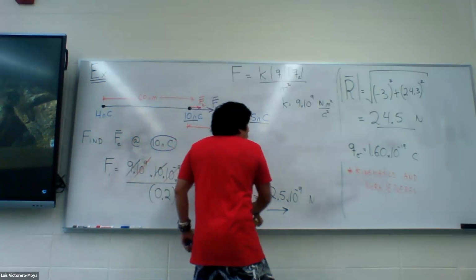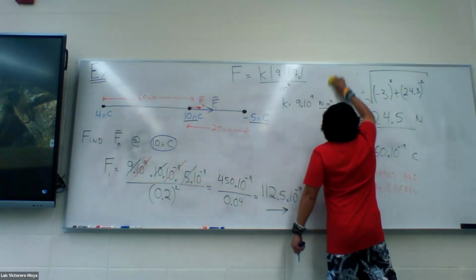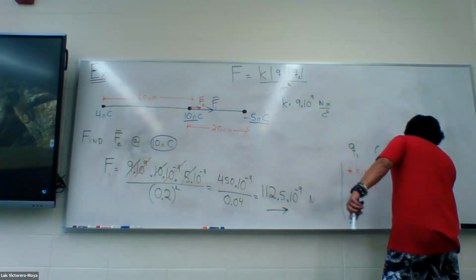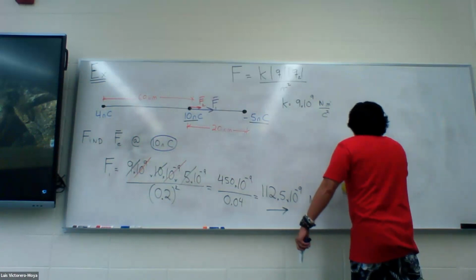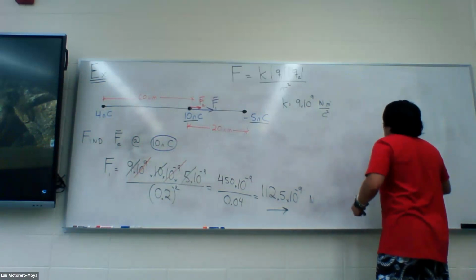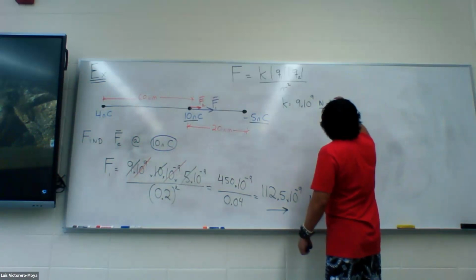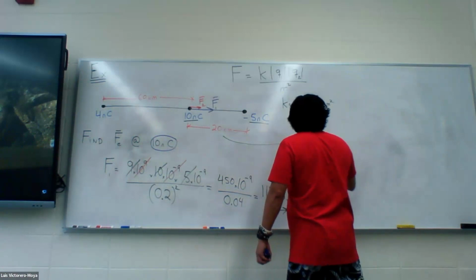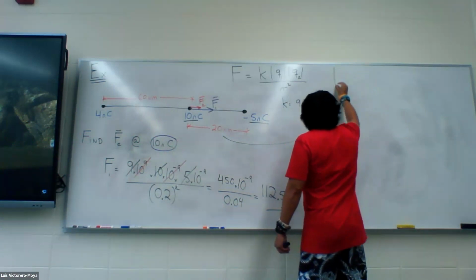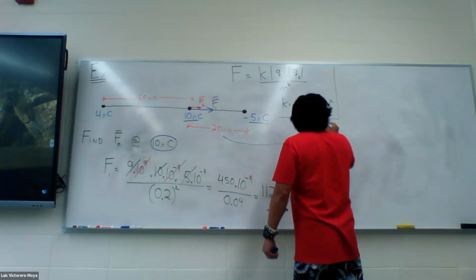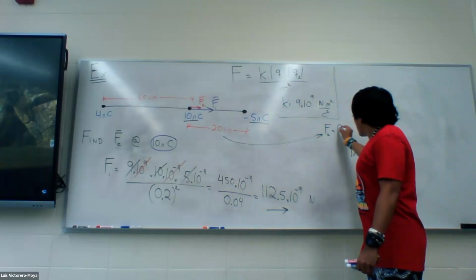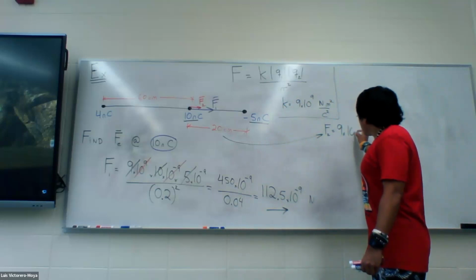So for F2, F2 is the same equation, 9 times 10 to the 9.